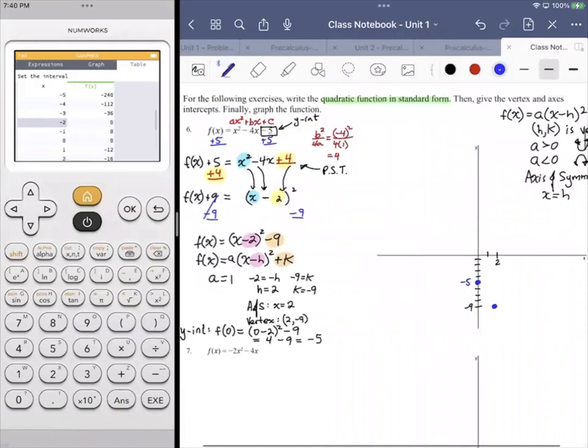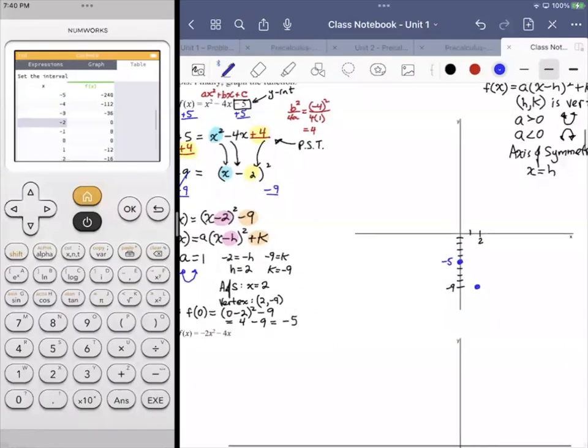Because the a value is 1, this must be an upward facing parabola. We also know that the axis of symmetry is equal to 2. All right, so let me just plot the axis of symmetry. It's going to be a vertical line. I make it dashed because it's not actually part of the graph. And let me just move this point over a smidge.